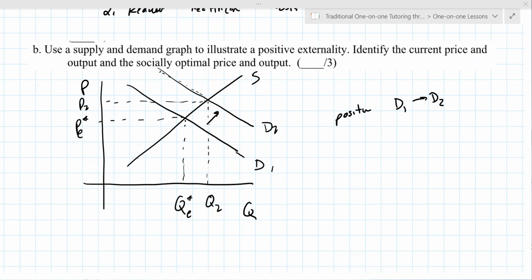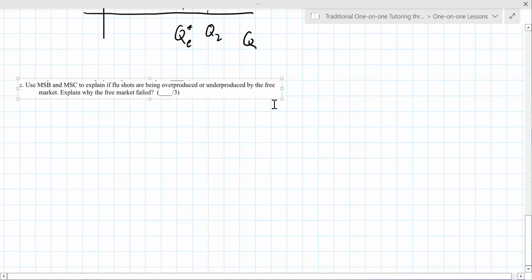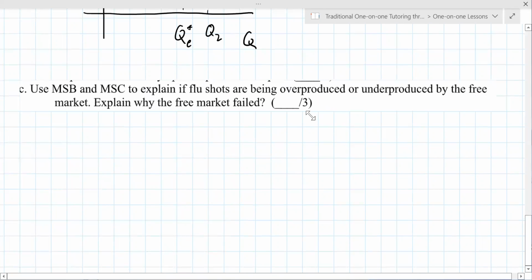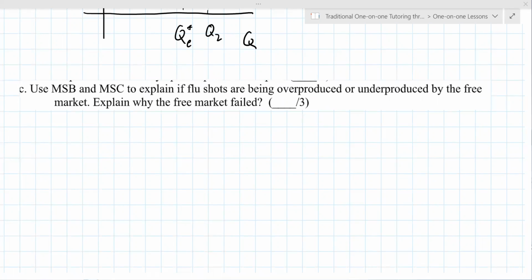Use MSB and MSC to explain if flu shots are being overproduced or underproduced by the free market. Is this referring to something else? There's not another page that this refers to?